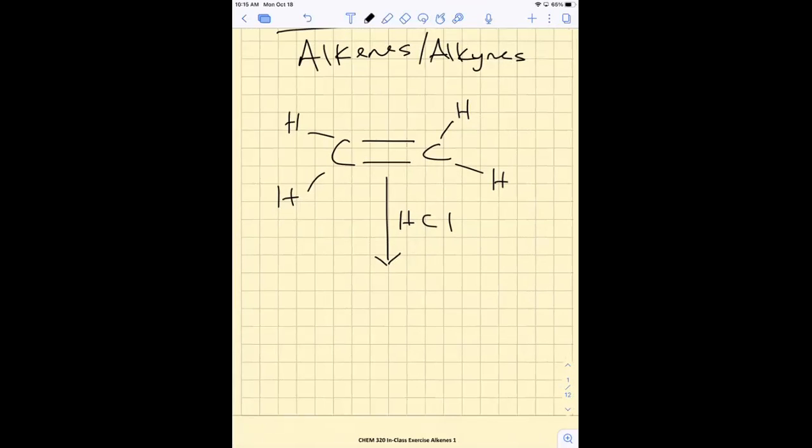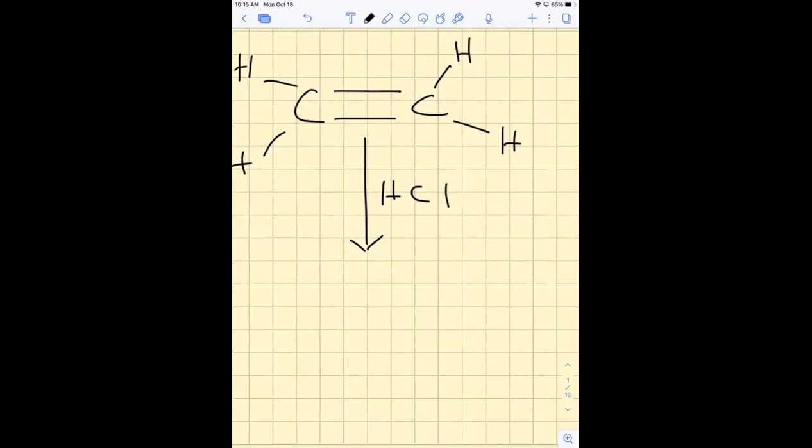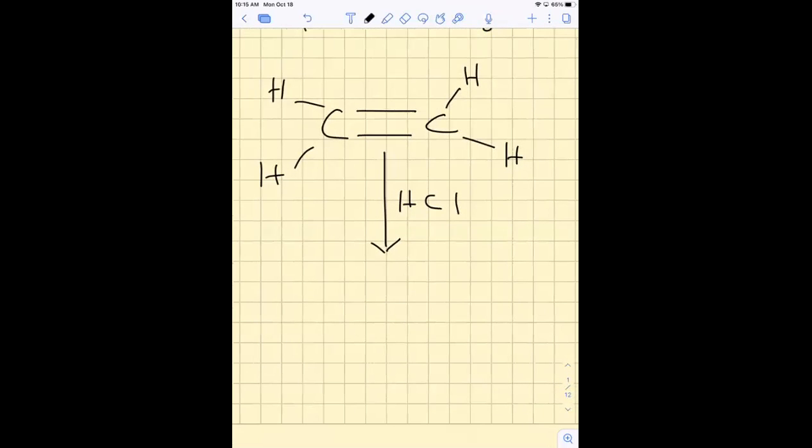So every time you take an alkene and do a reaction on it, it's going to be an addition reaction. With this alkene, if I add HCl to it, another key element to alkene reactions is that you add something to each carbon in the alkene.